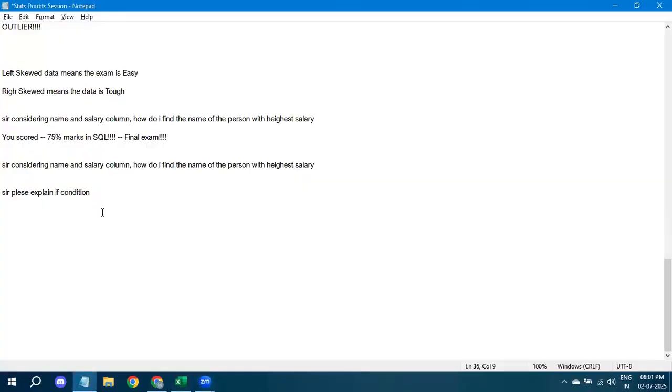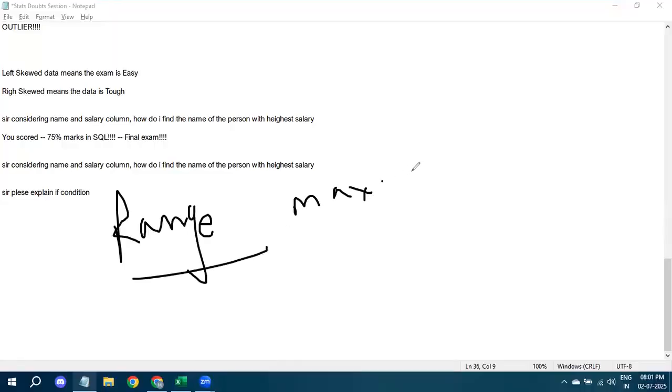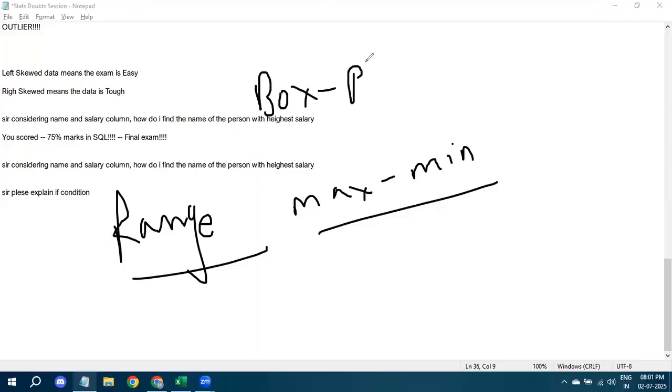Okay, guys. Range is completely different. Range is max minus minimum value. This is for the entire data set. When you talk about the box plot, you will be talking about percentile.